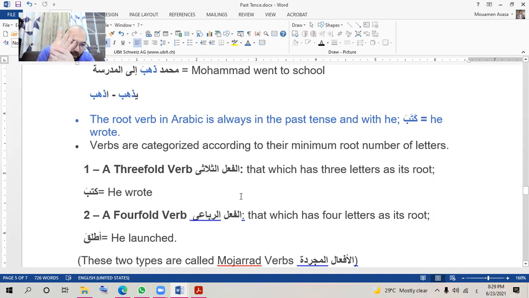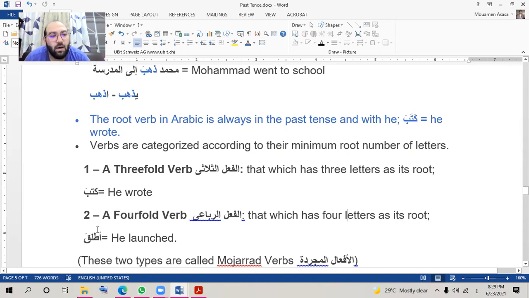If the root is 4 letters, we name it a fourfold verb. Al-fi'lu ruba'i, that which has 4 letters in the root. Example, أطلق, أغلق, شاهد.